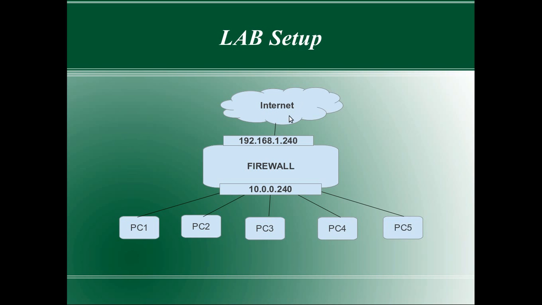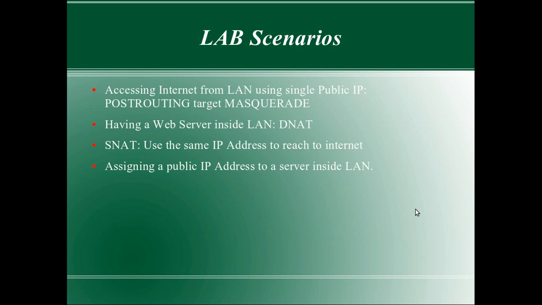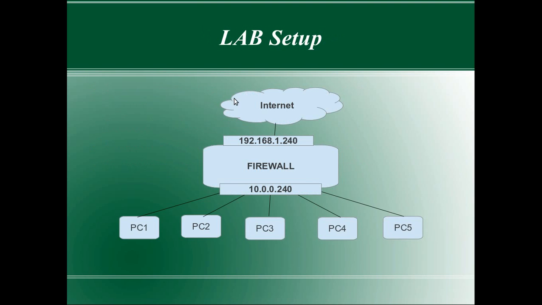This is the internet, which is network 192.168.1.0 in my scenario, and the LAN is using the 10.0.0.0/24 network, behind which these machines are. The first lab scenario we are going to implement is that these PCs should be able to access the internet.